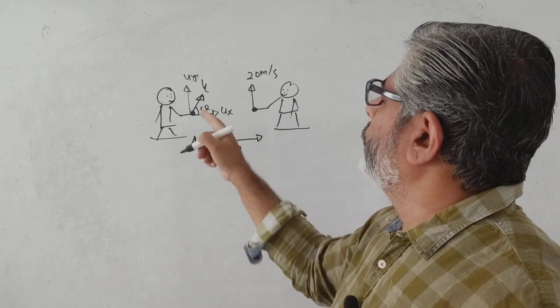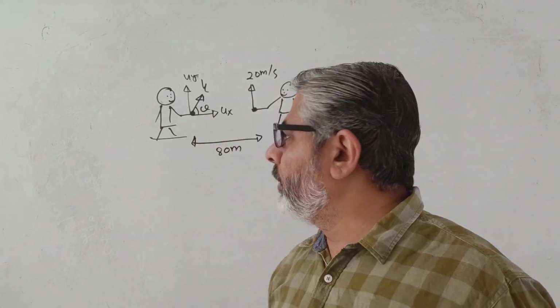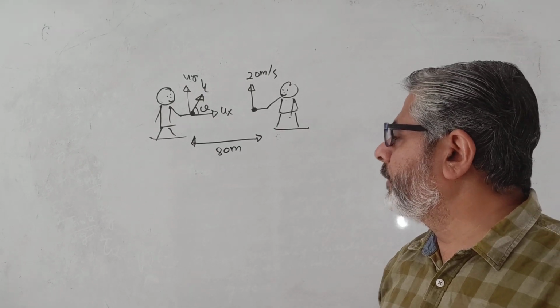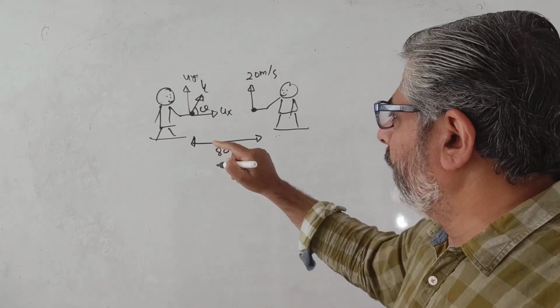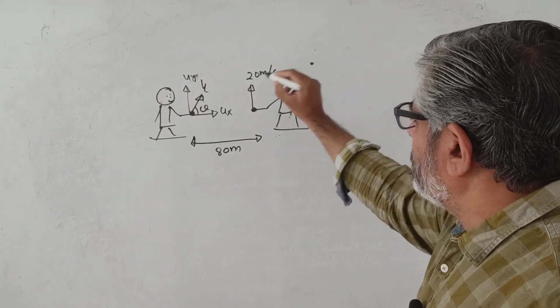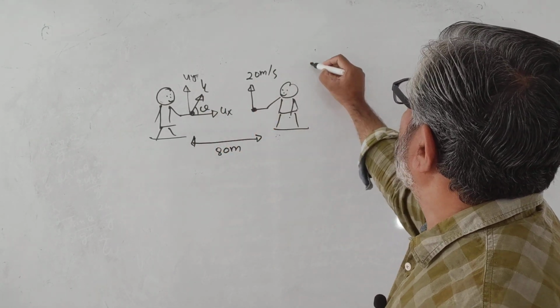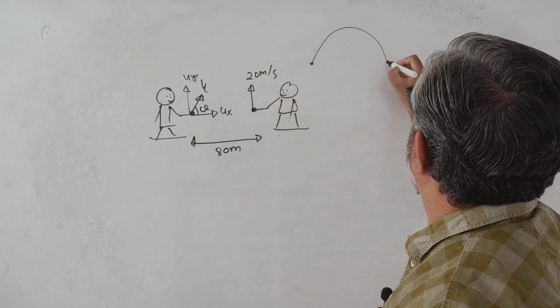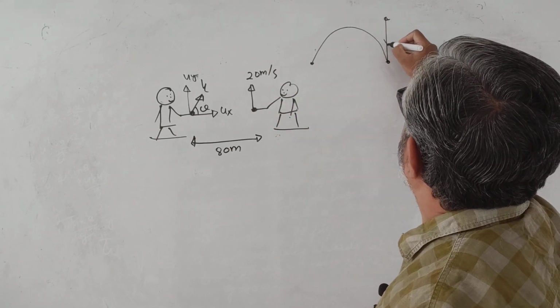So you already know ux is the horizontal component of velocity of this sportsman and uy is the vertical component of velocity. Now it's very clear that if I draw it from here, in the same time that this ball comes from here to here, in the same time this ball goes up and comes back to this point.